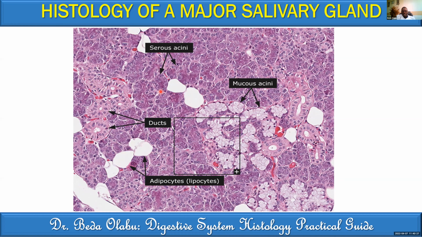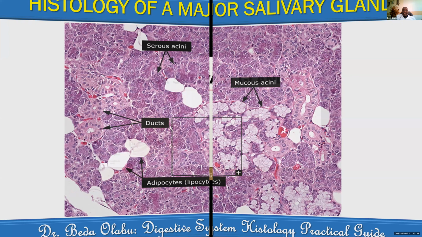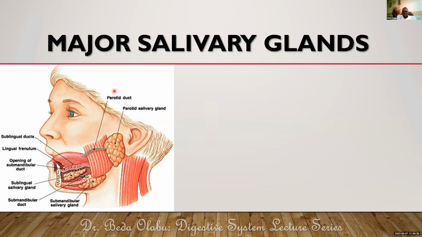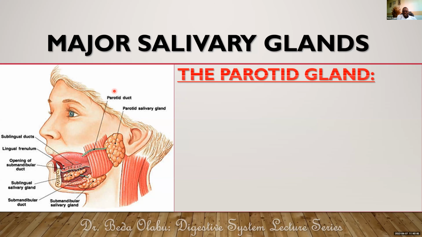Of course, a major salivary gland will also have a duct because they are exocrine glands, so they have the ductal portion. With that in mind, I want to take you through each of the three major salivary glands. We talk about them and you'll be able to identify them histologically as well.